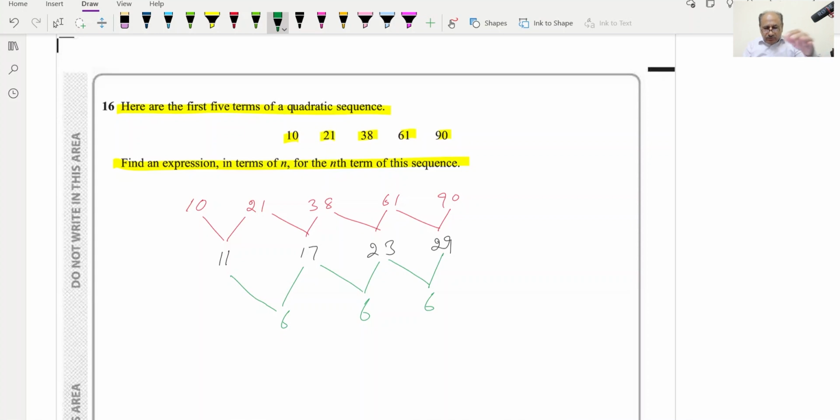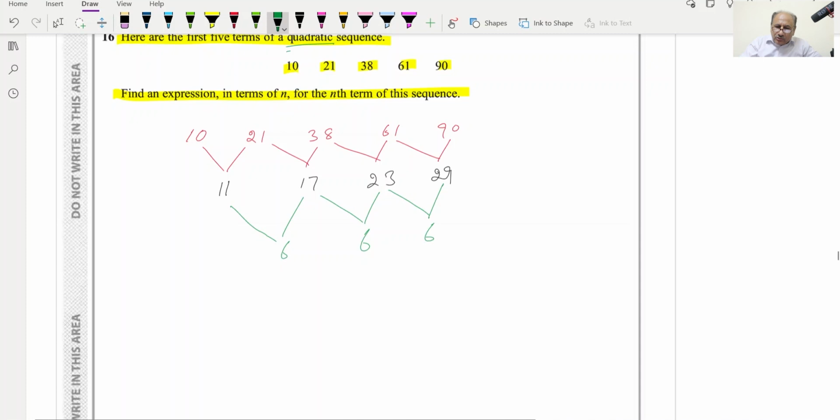So what we can do, this is basically a quadratic sequence, and they have mentioned also quadratic sequence. For this one we can write the second order difference as equal to 2a. Second order difference always take equal to 2a.